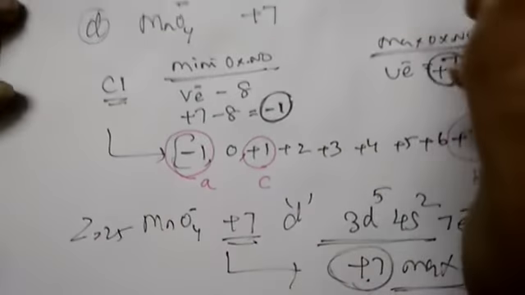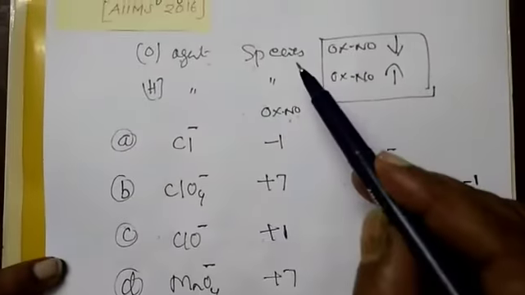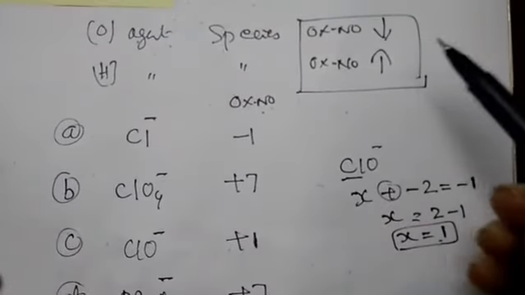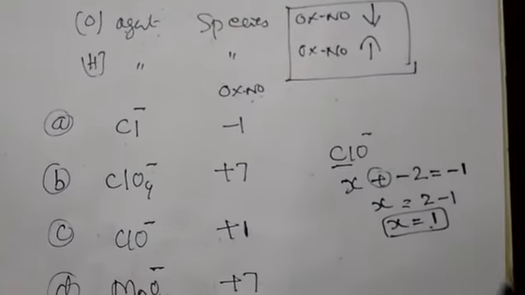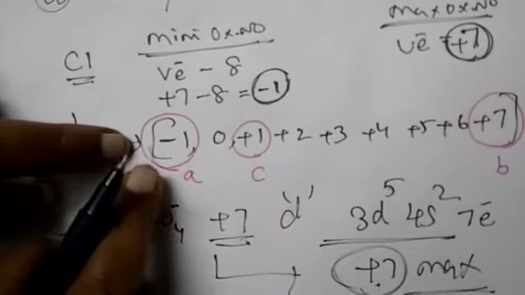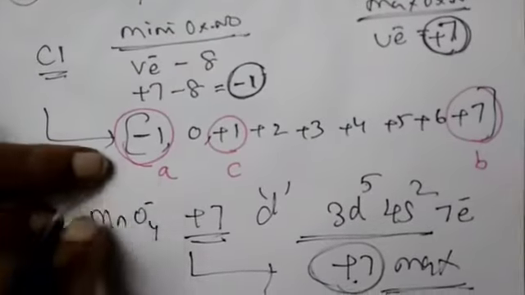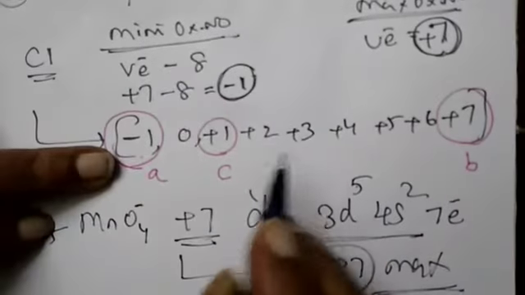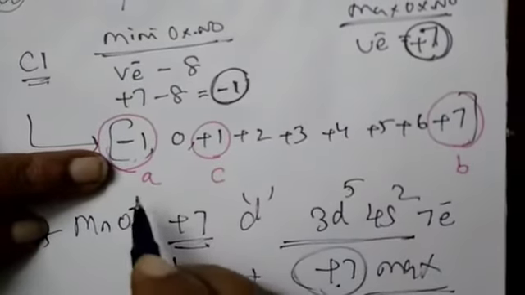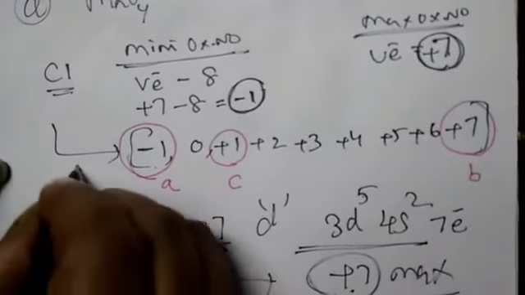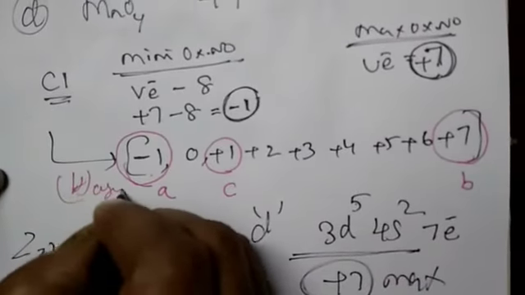Now what I told is the condition: the species' oxidation number has to be able to increase as well as decrease. It should be in the middle. For example, if it is in the lowest category, it cannot go further down, but its oxidation number can increase, so it can act as a reducing agent only.